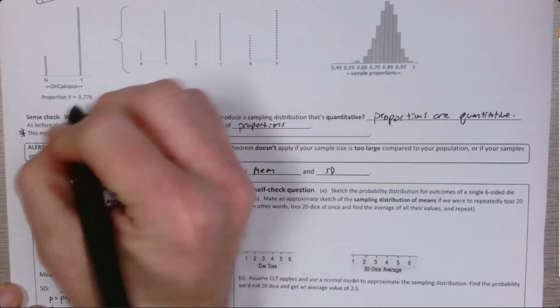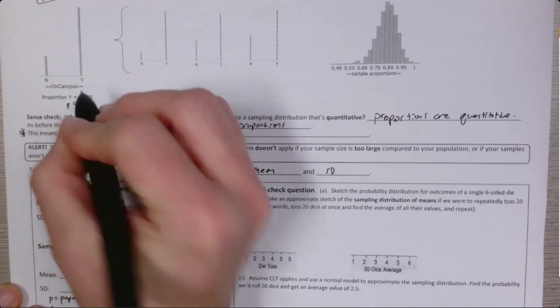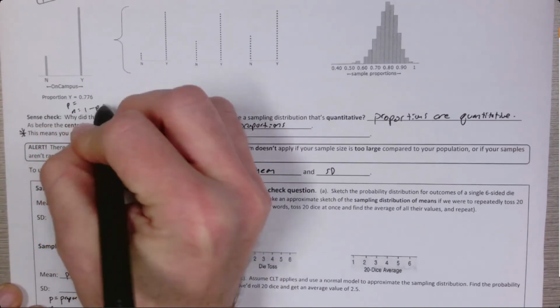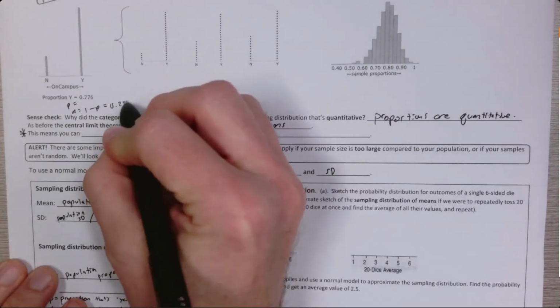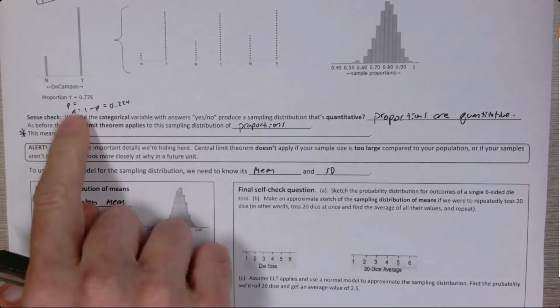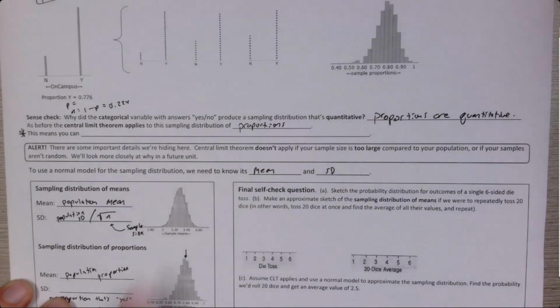So this would be our P. Our Q would be 1 minus P, which is 0.224. And the Q is the proportion of students who don't live on campus. So we need the proportion yes and the proportion no.